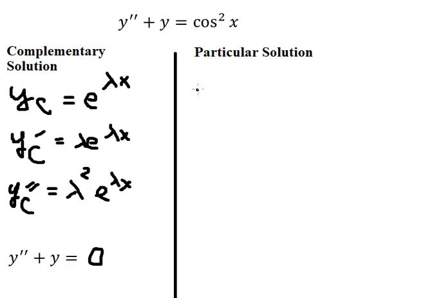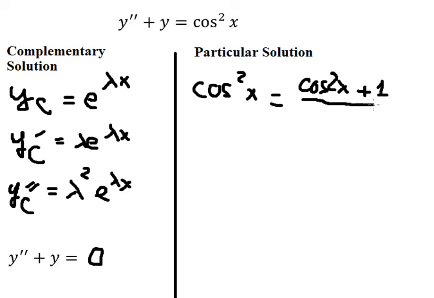We know that cosine squared s is cosine 2s plus 1 over 2. So this one we have 1 over 2 cosine 2s and 1 over 2.